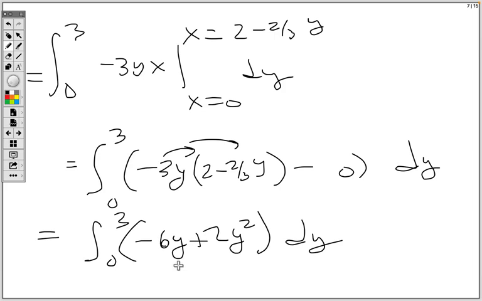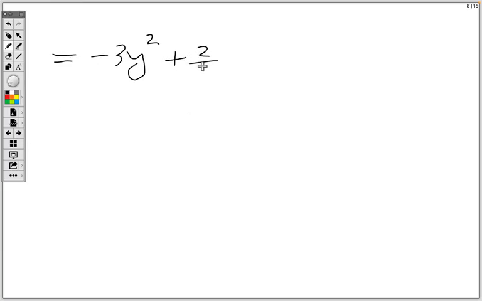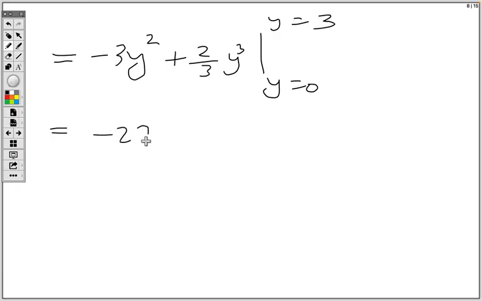What's the integral of minus 6y plus 2y squared? Minus 3y squared plus 2/3 y cubed. Good. And this is from y equals 0 to y equals 3. So it looks like we're getting a negative 27 here. Plus a what?